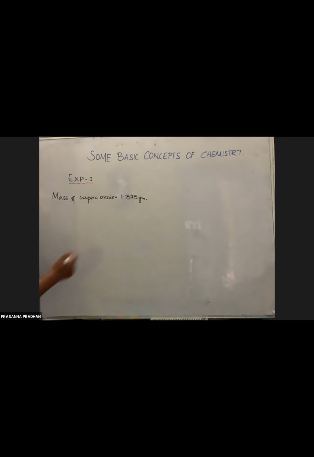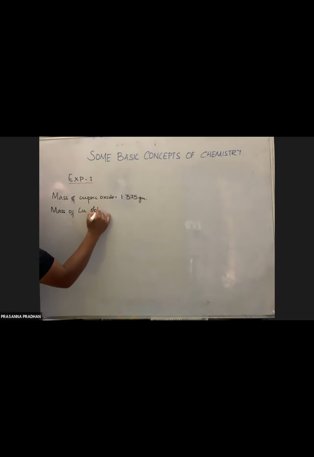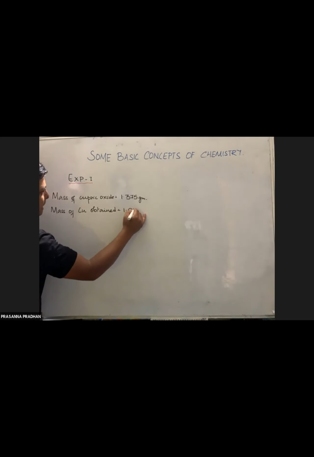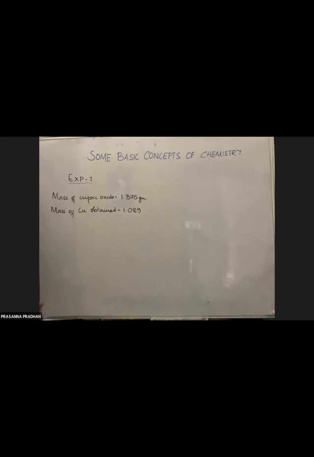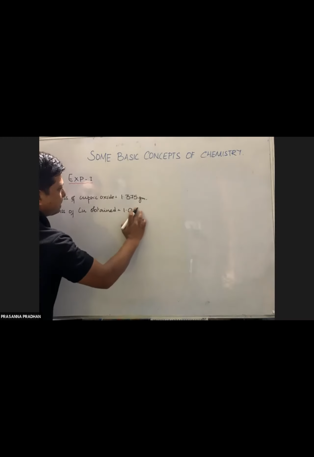The mass of copper obtained is 1.098 gram. So this much copper is obtained.